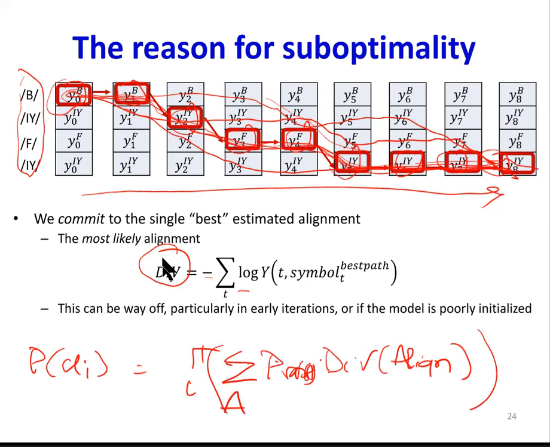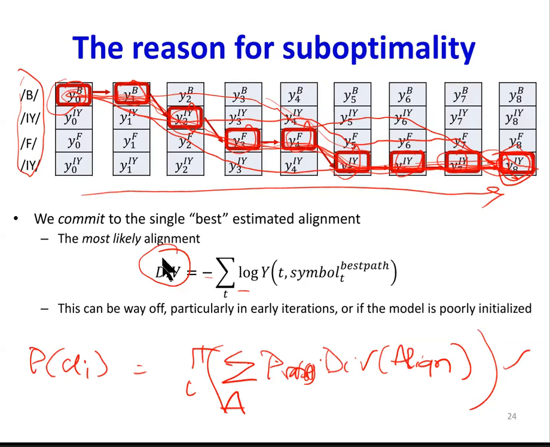Is this equation making sense, guys? So this is what I'm going to use, but hang on. Suppose I sum the probabilities of all of the alignments through this table. Is the sum of all of those probabilities going to be 1? Anyone? So what is it going to be?